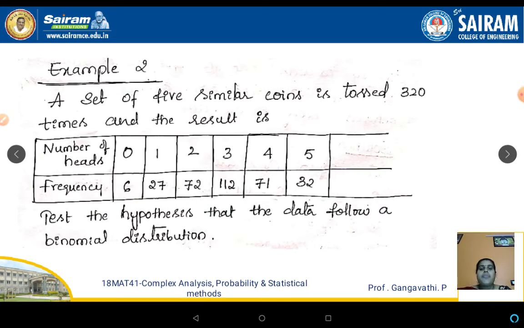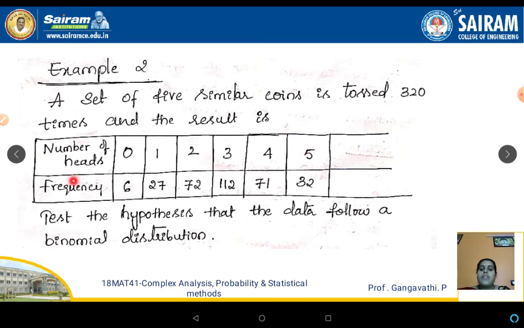A set of 5 similar coins is tossed 320 times and the result is given as the number of heads appearing: 0, 1, 2, 3, 4, 5 in every toss.